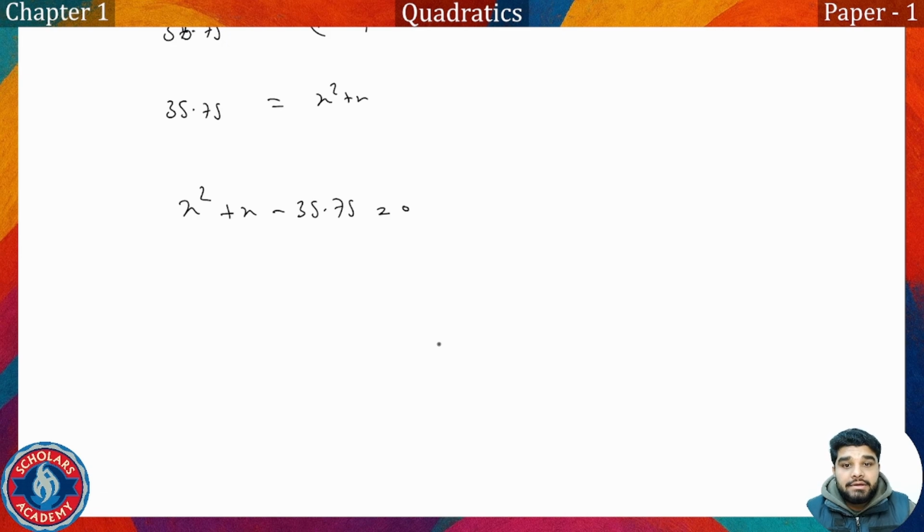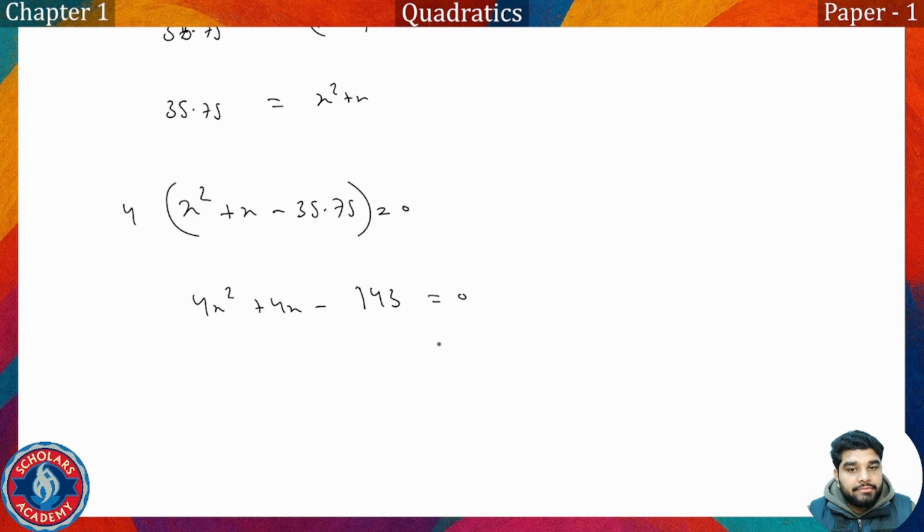Alright, if we multiply this equation by 4, we get 4x square plus 4x minus 35 times 4, which is 140, and 75 times 4 is 3, so 143 is equal to 0.